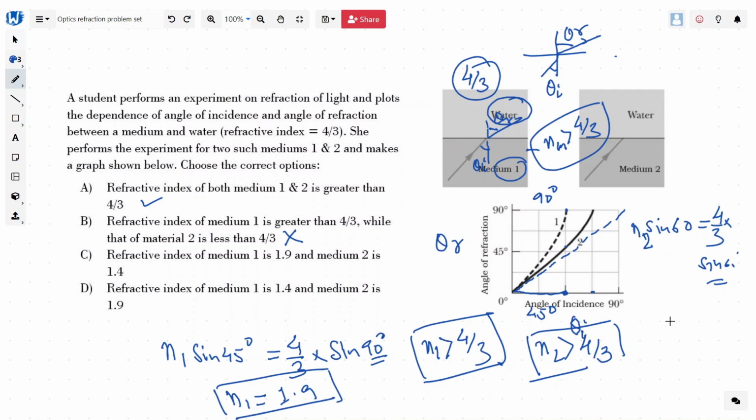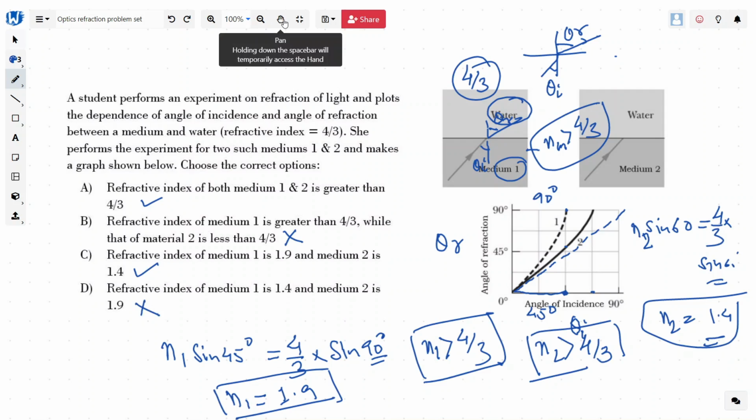So dividing that, basically we have n2 is equal to 1.4, and hence n1 is 1.9 and n2 is 1.4, and this is the correct answer, this is the wrong answer.